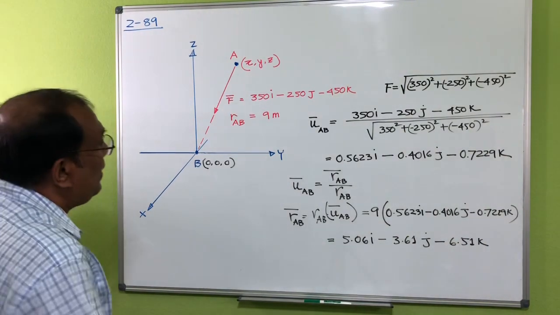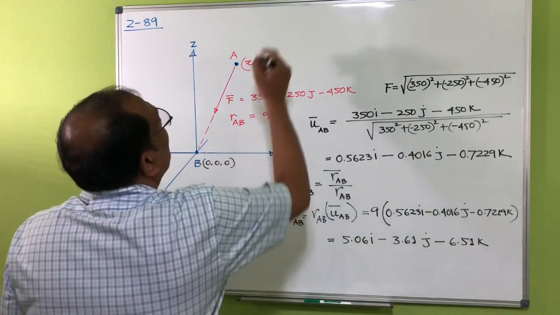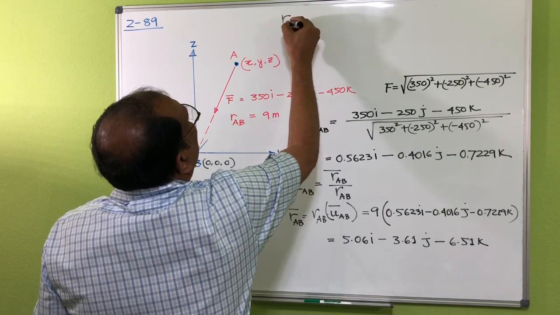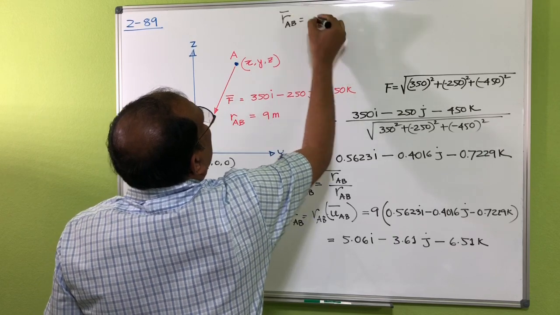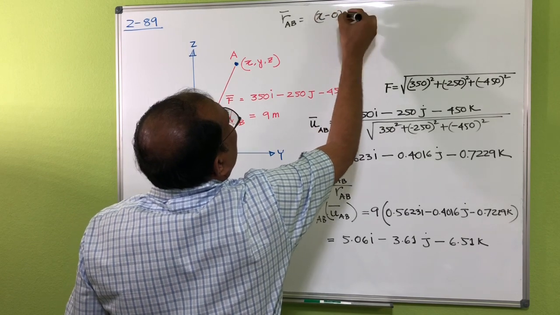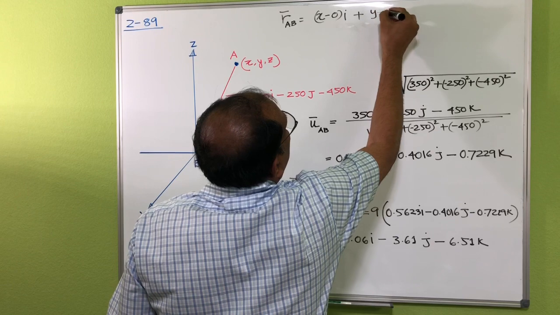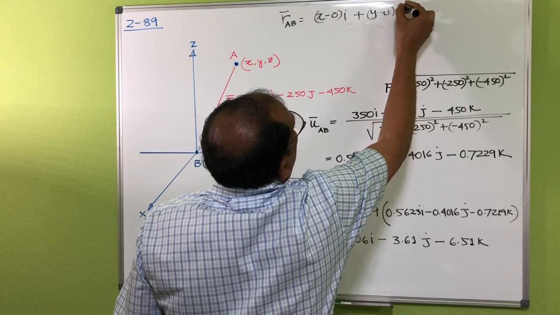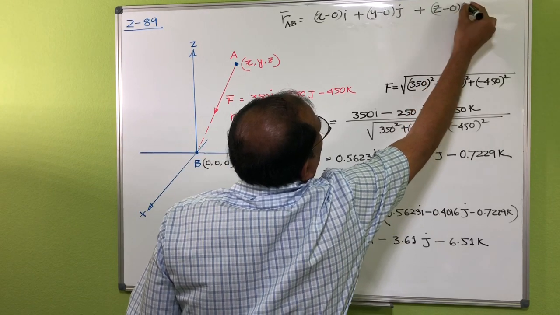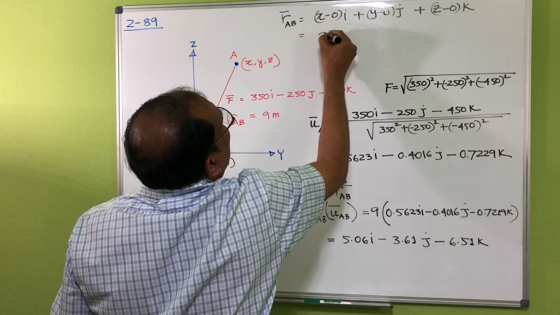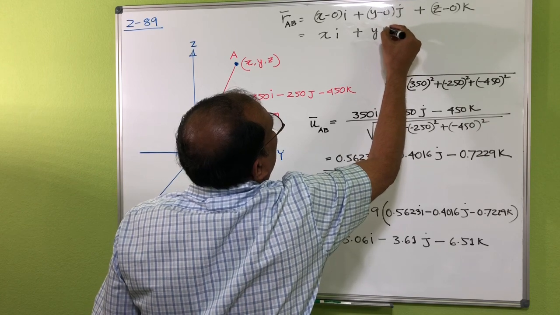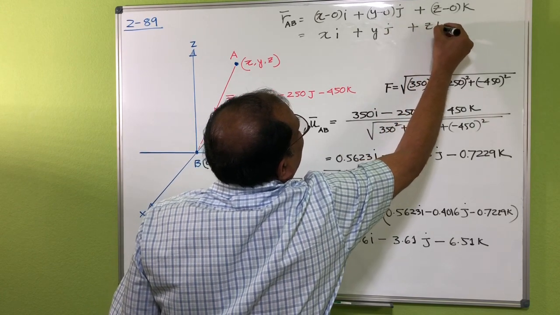So if I want to write the position vector based on the coordinate, so RAB would be actually x minus 0 I plus y minus 0 j plus z minus 0 k, which is actually xi plus yj plus zk.